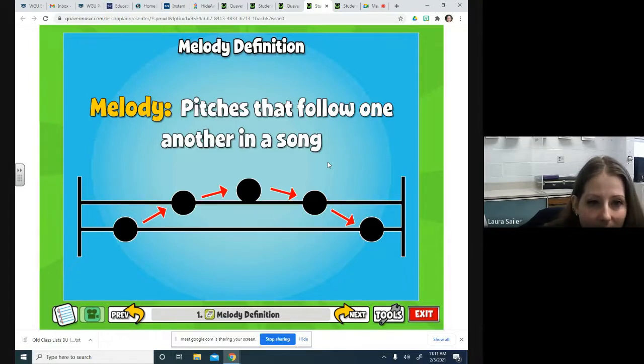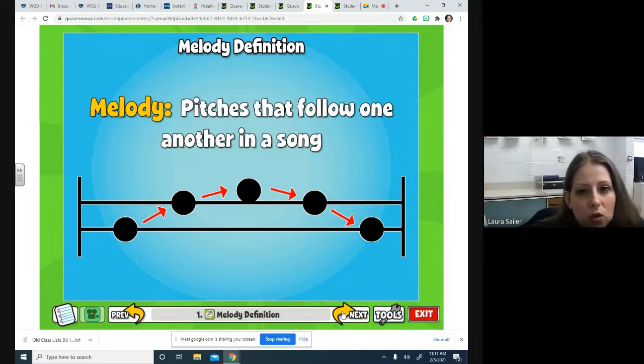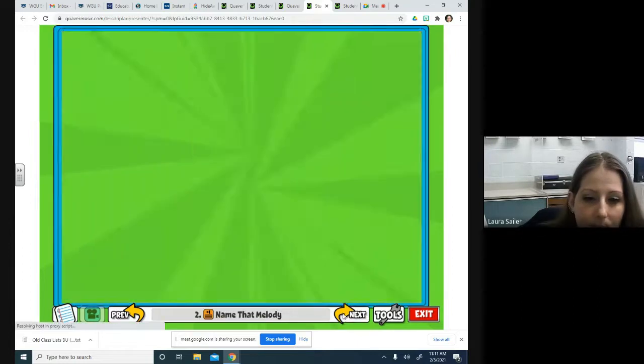The melody that you heard was Twinkle Twinkle Little Star or the ABC song. Okay, so a melody, pitches that follow one another in a song, or a pattern of pitches. And pitches are just specific highs and lows that happen in songs.